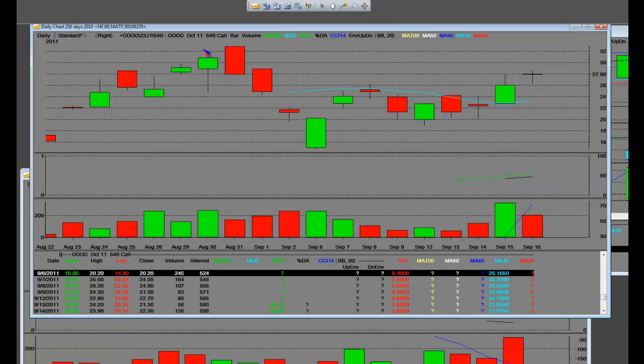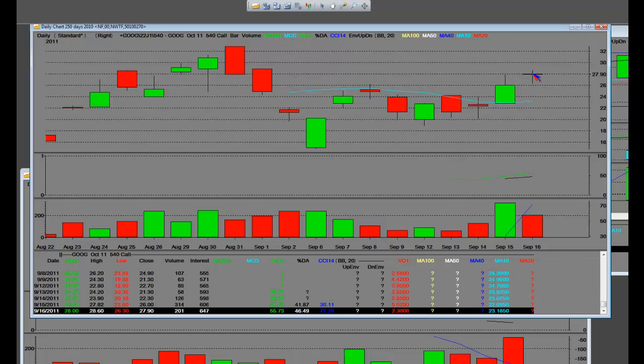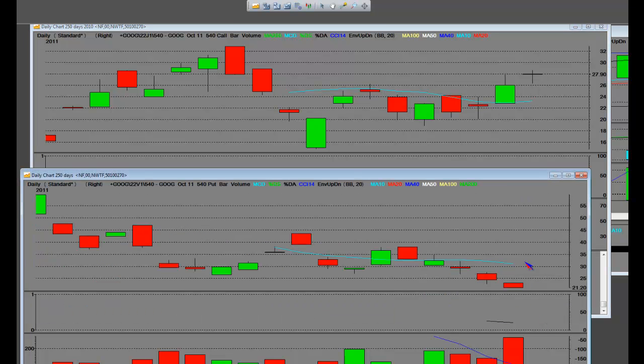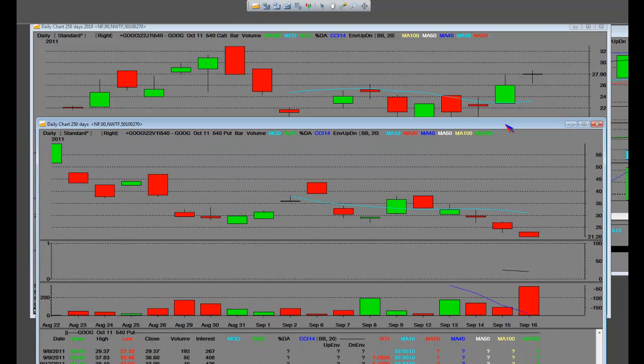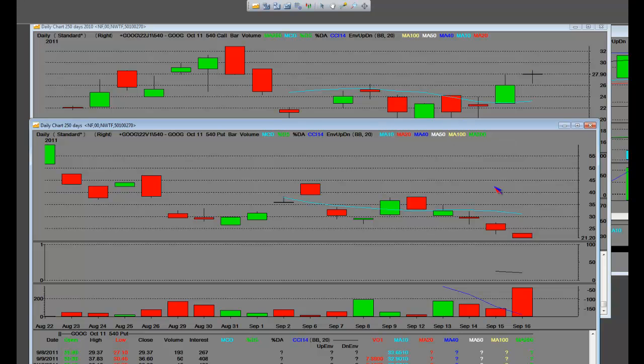Over here, this 540 was 14.80, and the high right now was 27.90. They closed at 28.60 on the high. So we can see that there's only a $6 spread between these two, because these contracts will really start to adjust their premiums based on the trend.